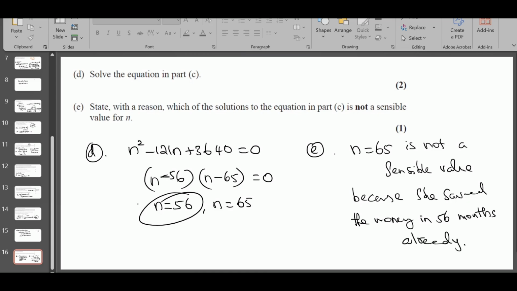So she doesn't have to continue saving the money till the 65th month. That's all.